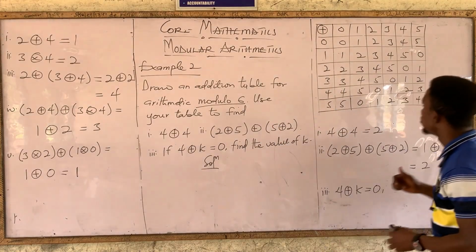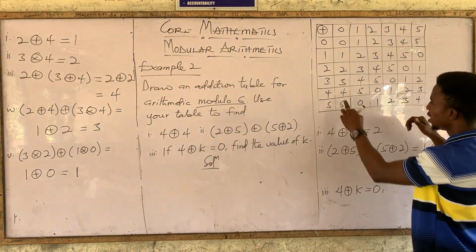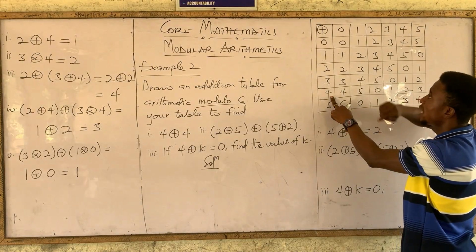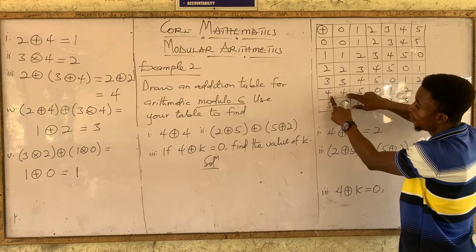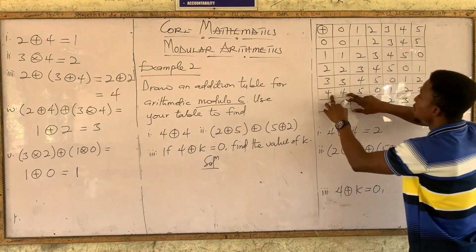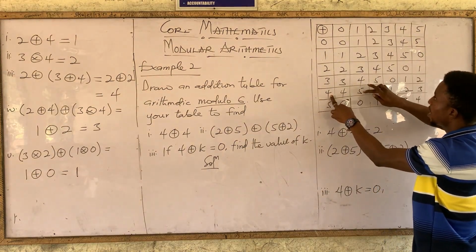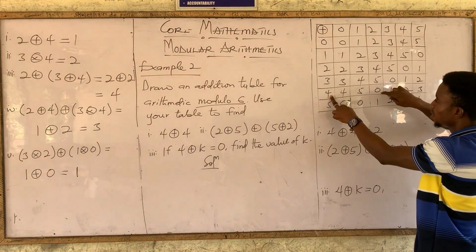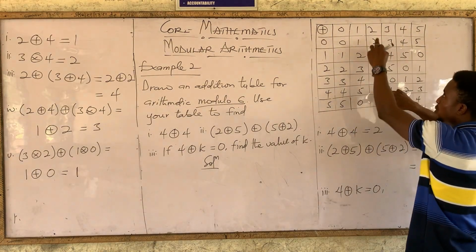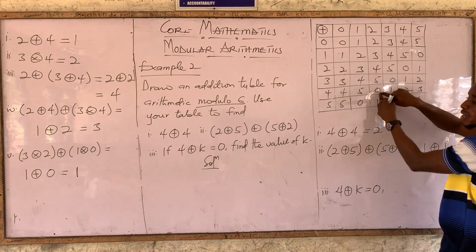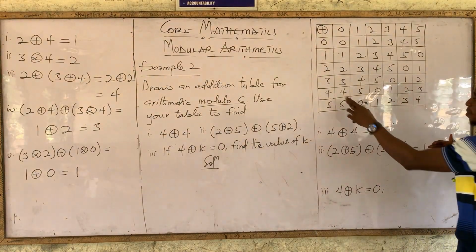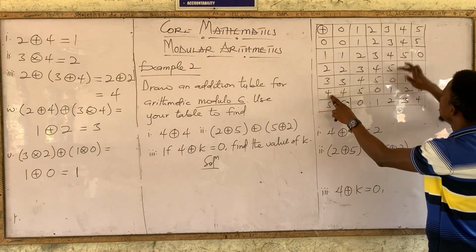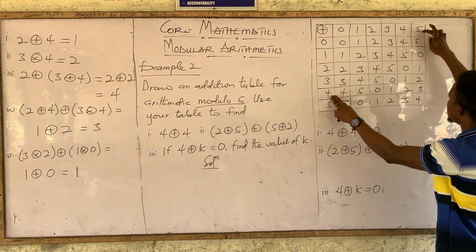So we go to our table, then we check. Here is the 4. Let's now check that of the 0. So 4 plus 0 is giving us 4, but not 0. 4 plus 1 is giving us 5. 4 plus 2 is giving us 0. So let's proceed and see if we can get another number. 4 plus 3, 1. 4 plus 4, 2. 4 plus 5, 3.